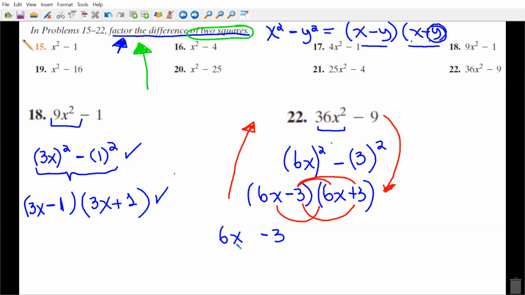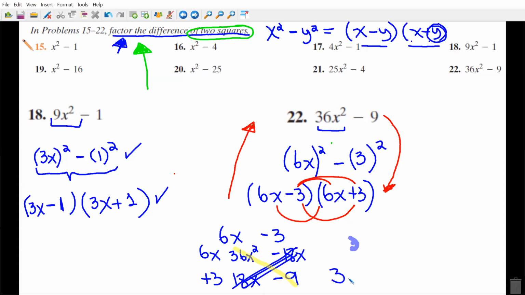Positive 3 times 6x, 18x. Positive 3 times negative 3, negative 9. This cancels, and the answer is 36x squared minus 9. And that is exactly what the question was.